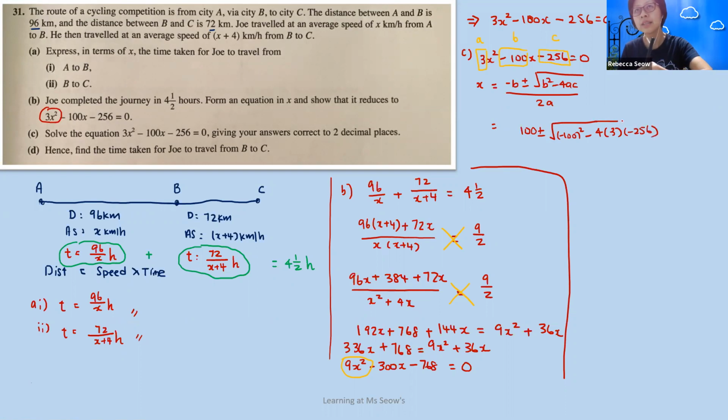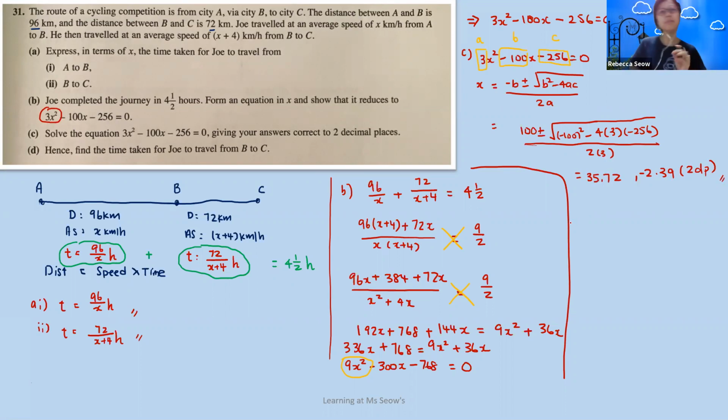Okay, I gotta extend my square root sign over 2 times a. Okay, and if you were to punch these numbers into the calculator, you'll work it out to 35.72 and to negative 2.39 corrected to 2 decimal places. So that's the answer for C.